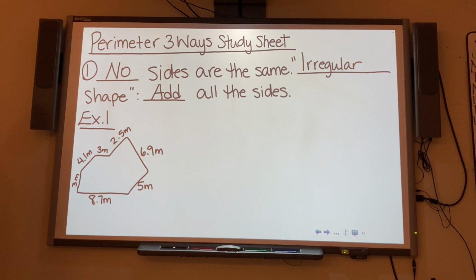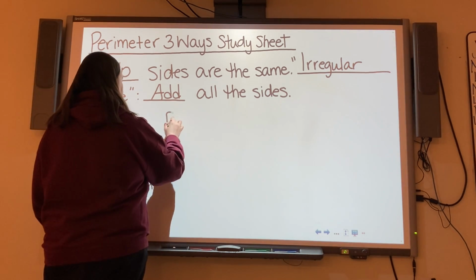So that was the first way we learned perimeter, and you've got 2 examples. We're going to do one today, then you're going to do the other one at home for homework, and we'll correct it tomorrow. So, P equals.